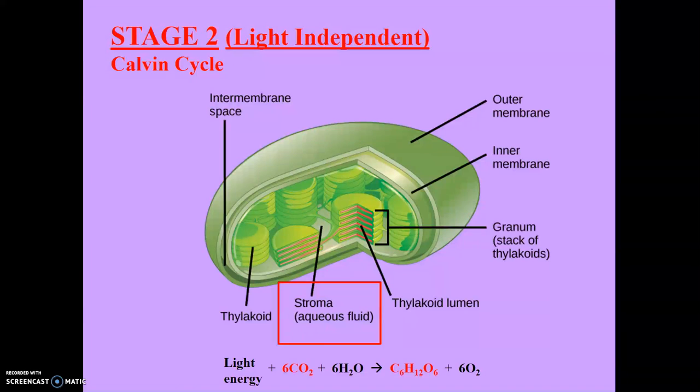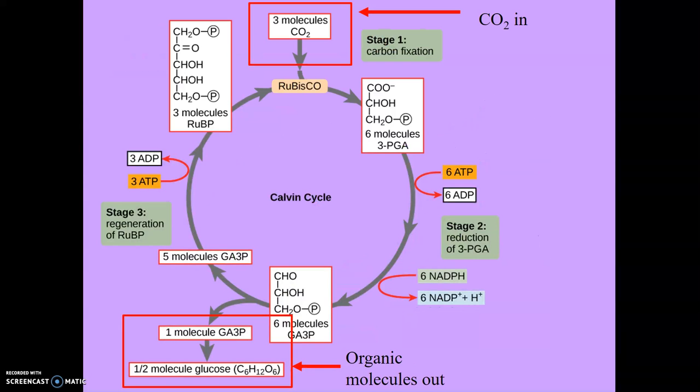And so I'm going to show you this image here, which really looks incredibly complex, and actually the Calvin cycle is a complex series of reactions. I don't want to go into those reactions right now. What I want you to understand from this is that the Calvin cycle is this series of reactions that take carbon dioxide in. So carbon dioxide is coming in.